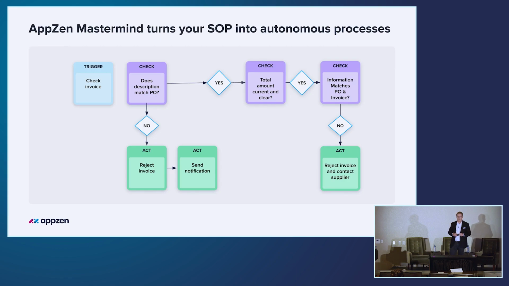Just by show of hands again, who's using Concur today? Or an EMS system, yeah? So do you guys today build rules in Concur? Yeah, a few. So imagine if you can do that kind of concept, but with AppZen, for a process that's in your SOP document that you want to drive further automation on, and you don't necessarily have to go through your CSM or log tickets at AppZen.